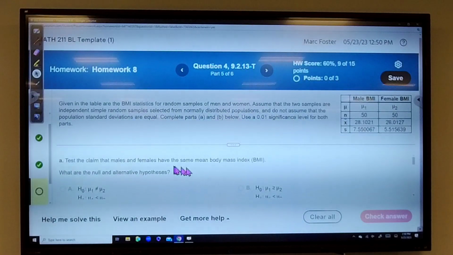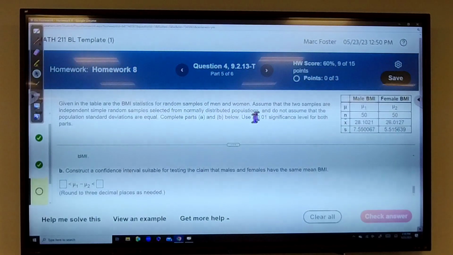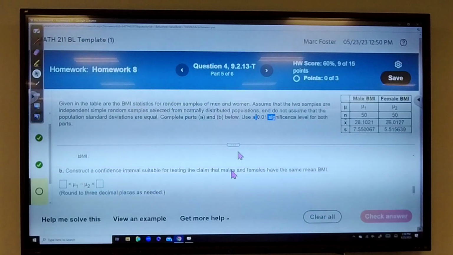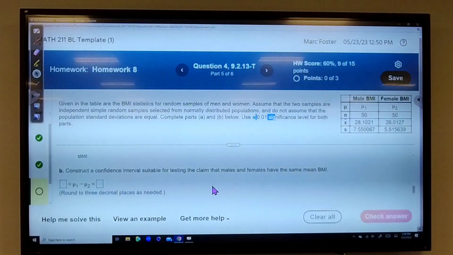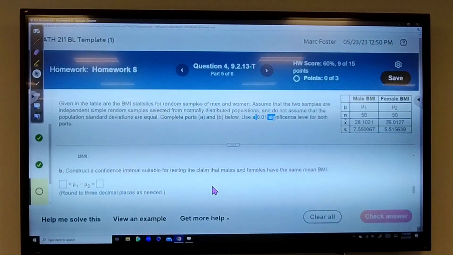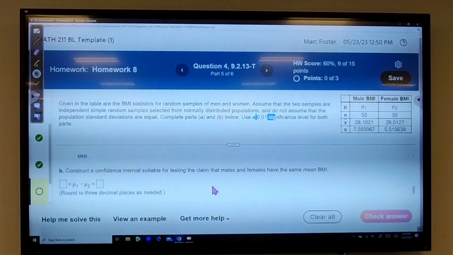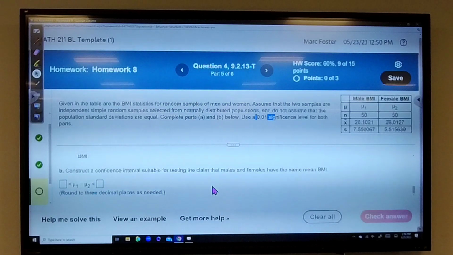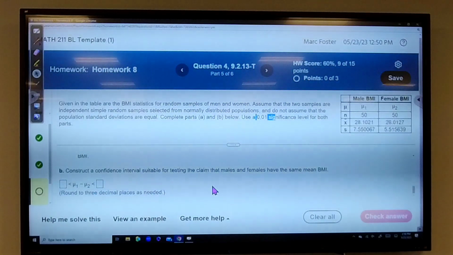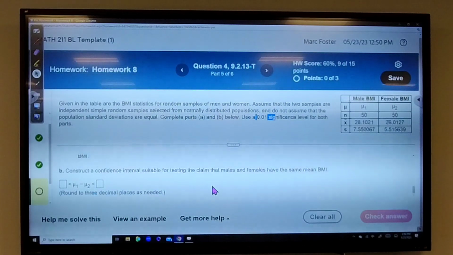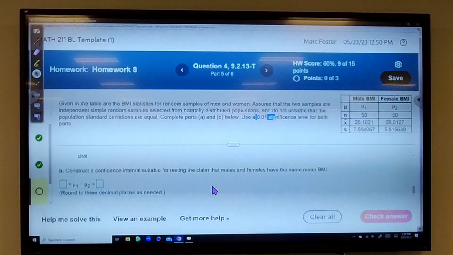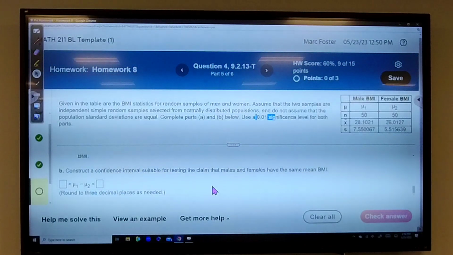Well, my alpha is 0.01, and this is a two-tailed test. So how do I compute my confidence level for a two-tailed test? 1 minus alpha. And alpha is just 0.01, so my confidence level is 0.99.